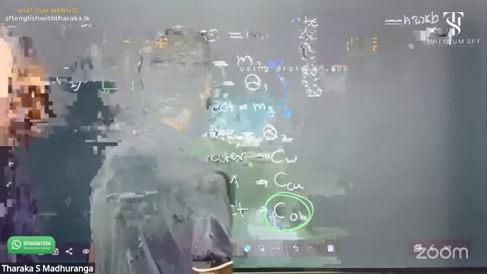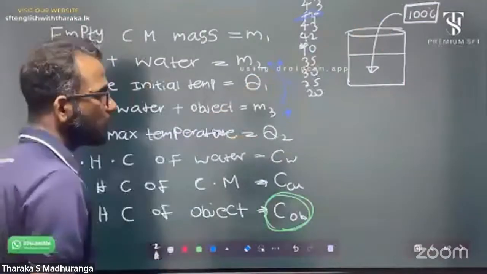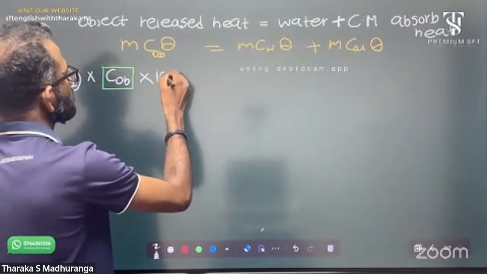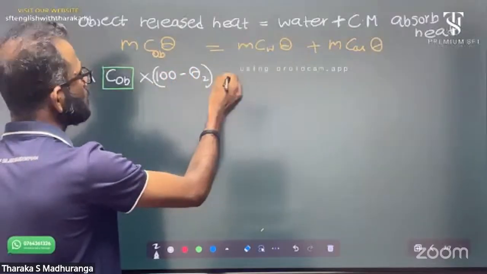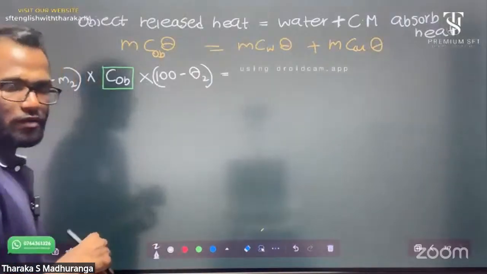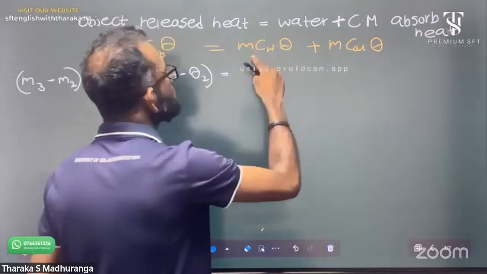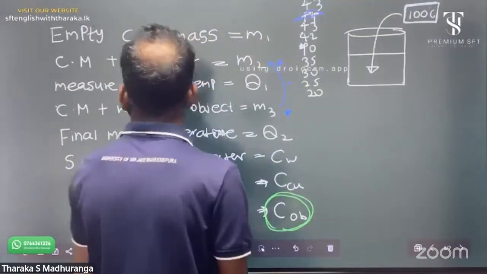The final maximum temperature is theta 2, and the object's initial temperature is 100, so 100 minus theta 2. Next, the mass of water: where do we get it?